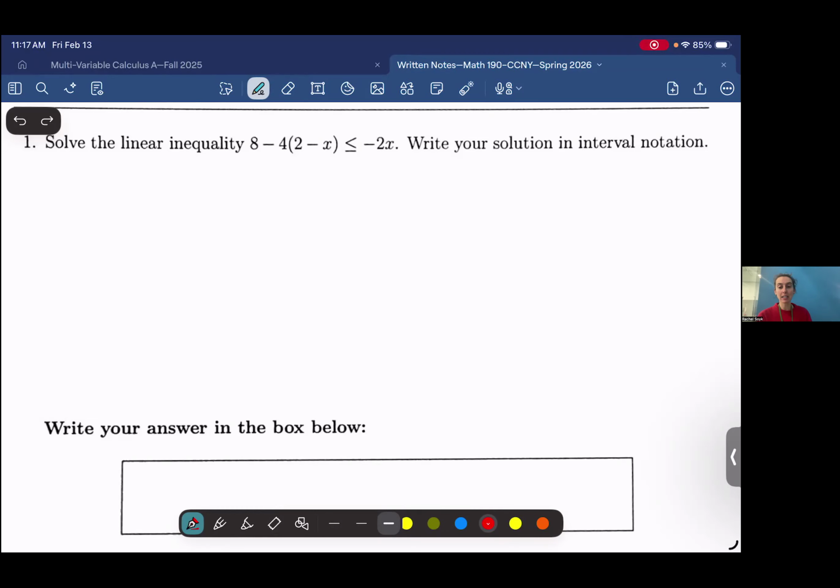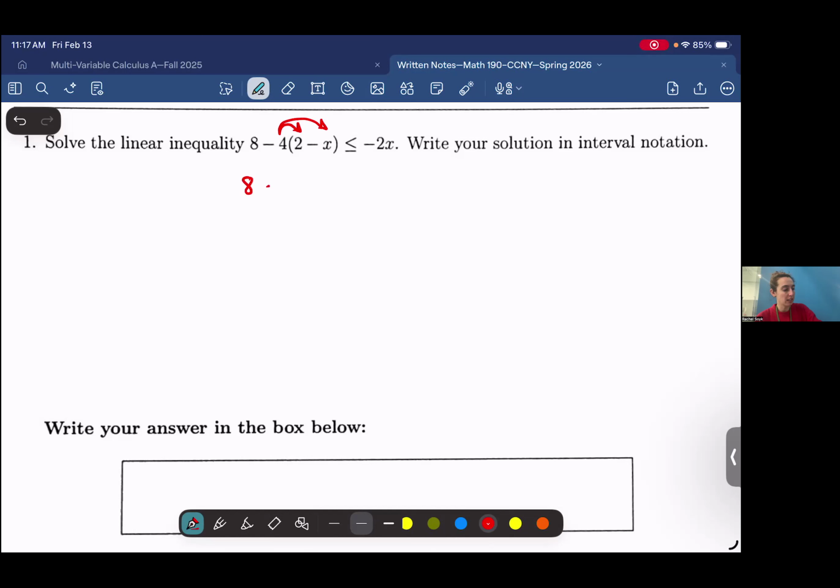And if we get into that negative situation, then we'll take the necessary steps by flipping that inequality. Okay, so let's distribute that negative 4.